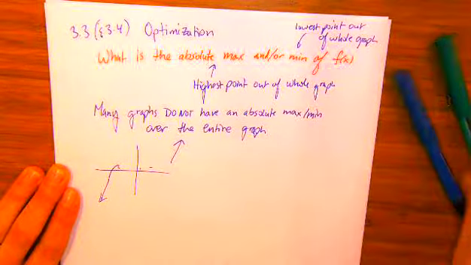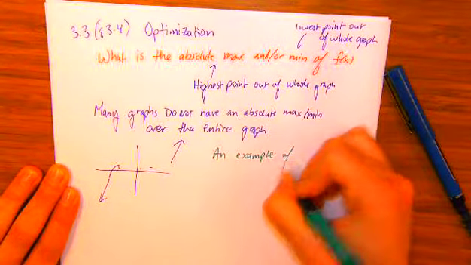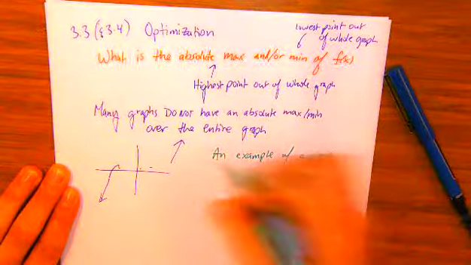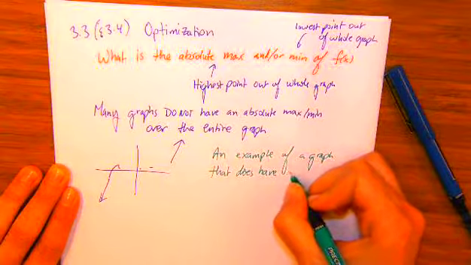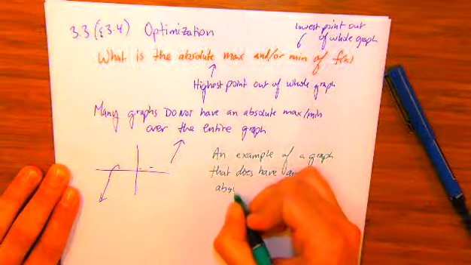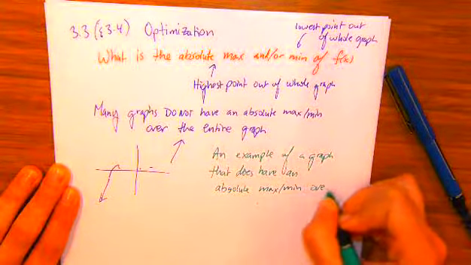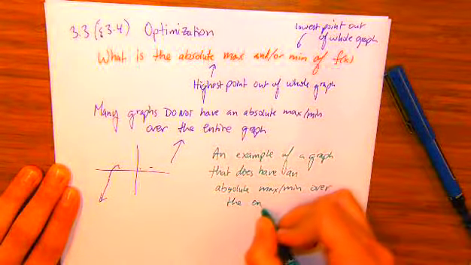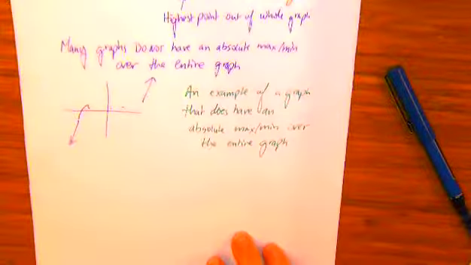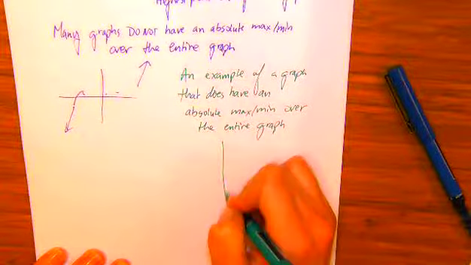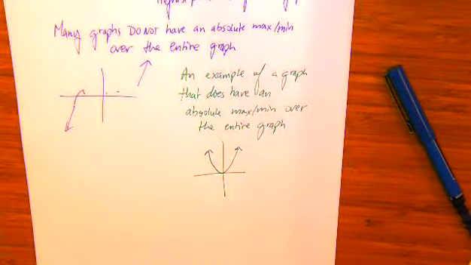So an example of that would be something like x squared, right?